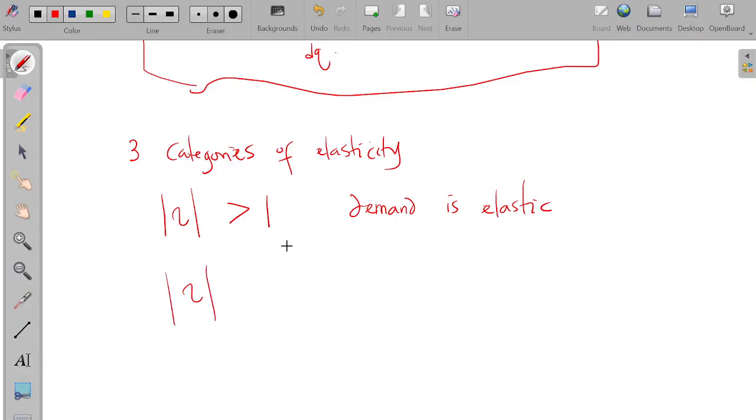If the point elasticity of demand is equal to 1, then we call this unit elasticity.